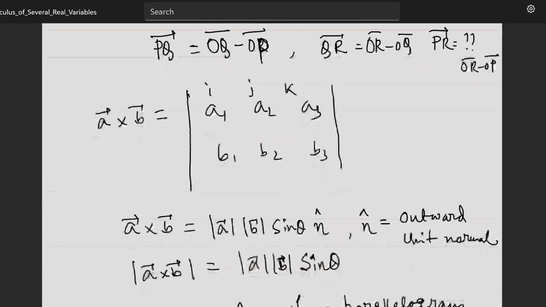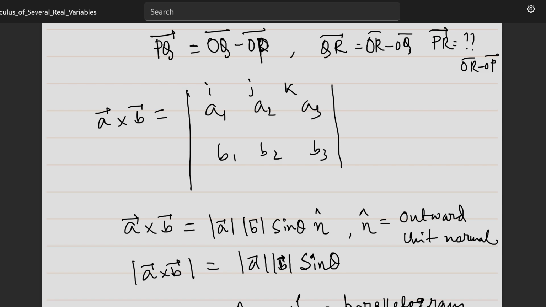Okay. So suppose a question asks you to find the area of a parallelogram or the area of a triangle whose sides are some vectors, suppose P vector and Q vector. How do you find the area of a parallelogram? You just take the cross product and take the modulus.